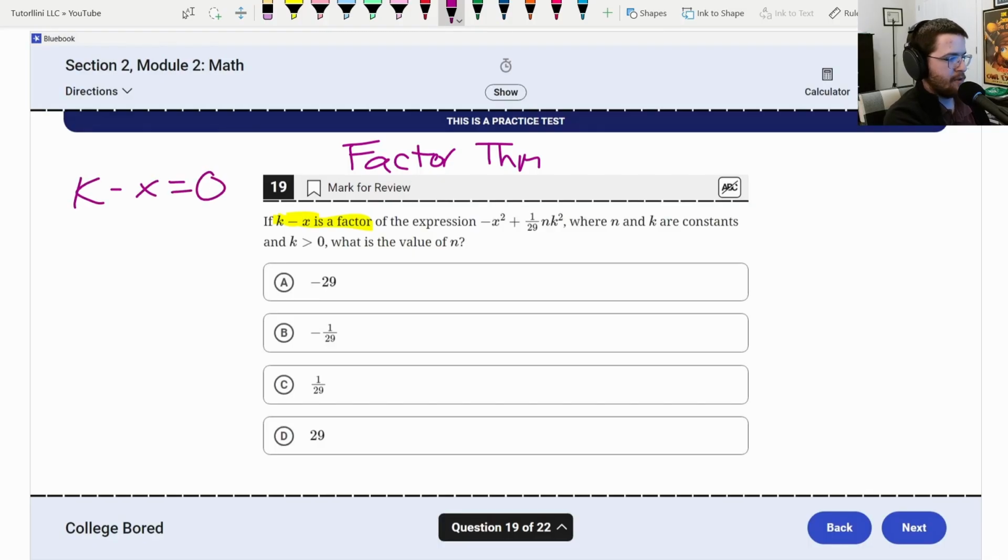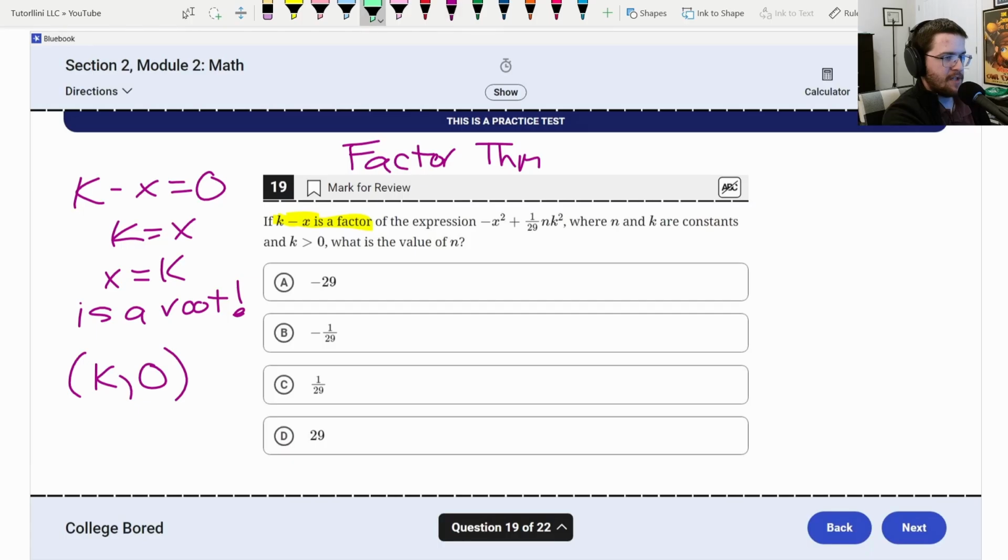If I add k to both sides, add x to both sides, I get k equals x, or x equals k. And that tells me that that is a root, or an x-intercept.